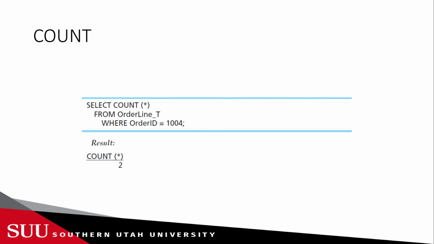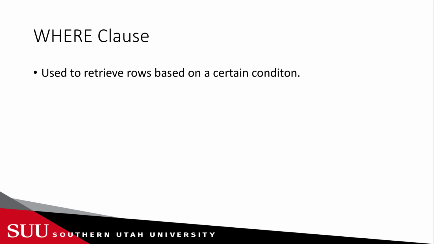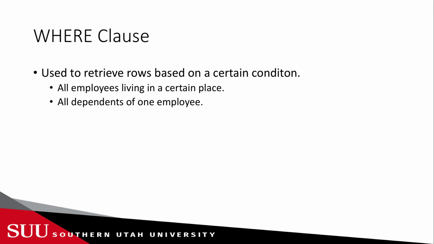We have a part here which says where order ID is equal to something. Now this is the where clause, which is the filtration that we will be applying to the data. So what is the where clause? It's used to retrieve rows based on certain condition. For example, all employees living in a certain place, all dependents of one specific employee, all books written by a certain author.